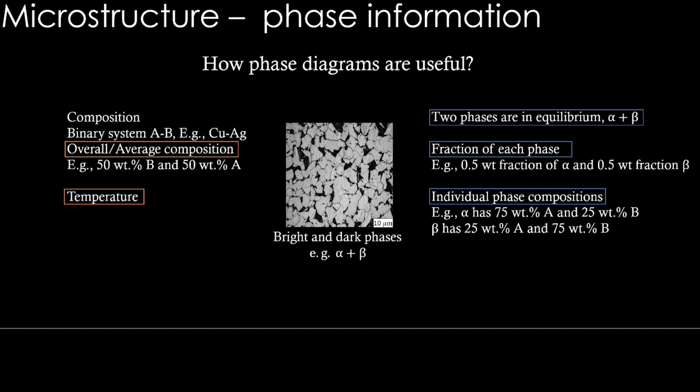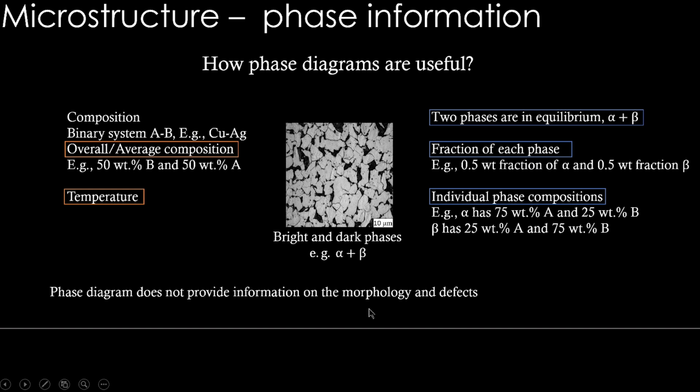All this information can come from phase diagram. The ones in the orange color are possibly the information that we need to know to interact with the phase diagram and get out some information, and these things highlighted in blue are read from the phase diagram. And phase diagram does not provide information on the morphology and defects.